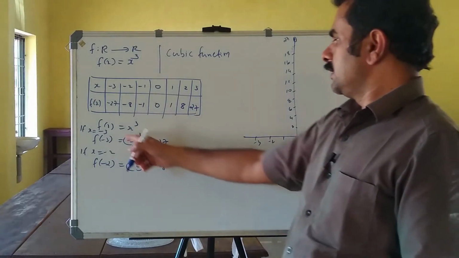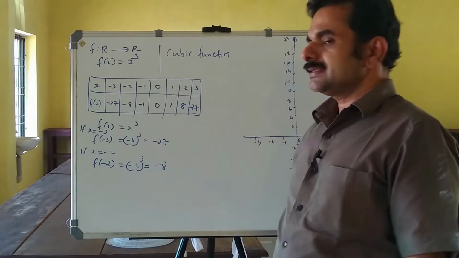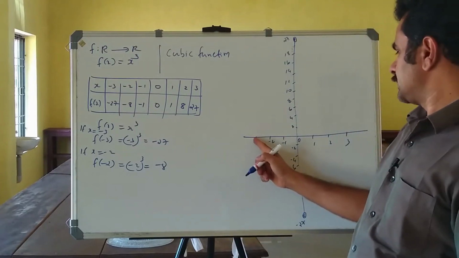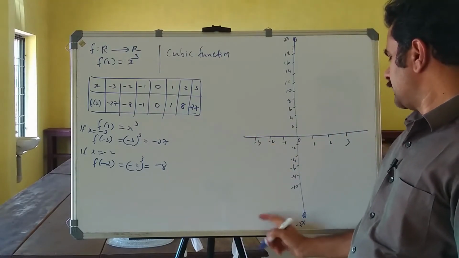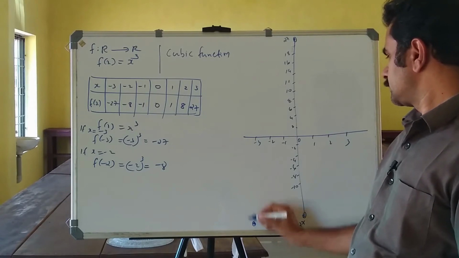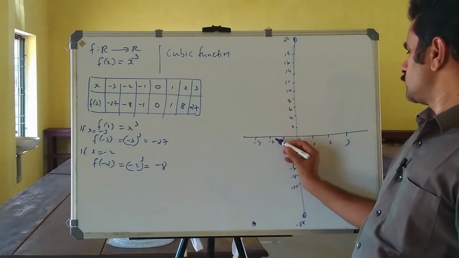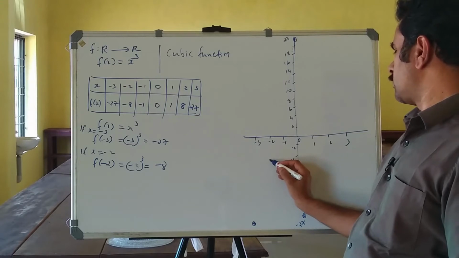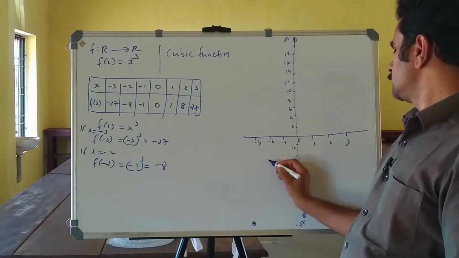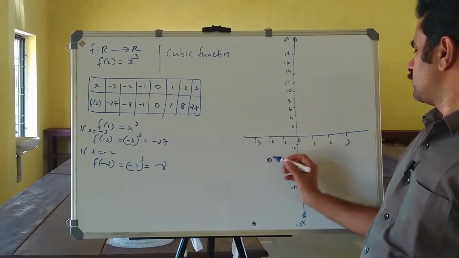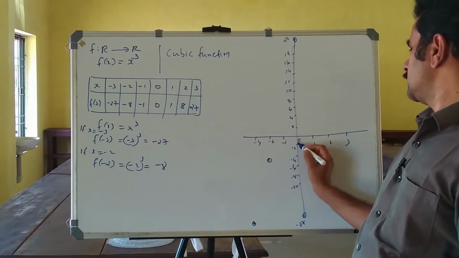Then if x equal to minus 3, its value will be what? Minus 27 here. Minus 2, then this will be minus 8. Minus 1, then it is minus 1.